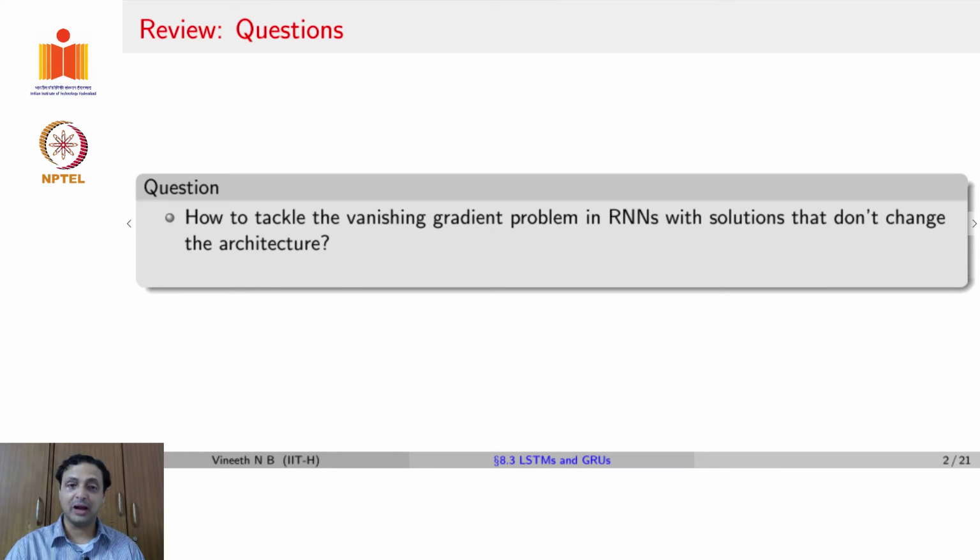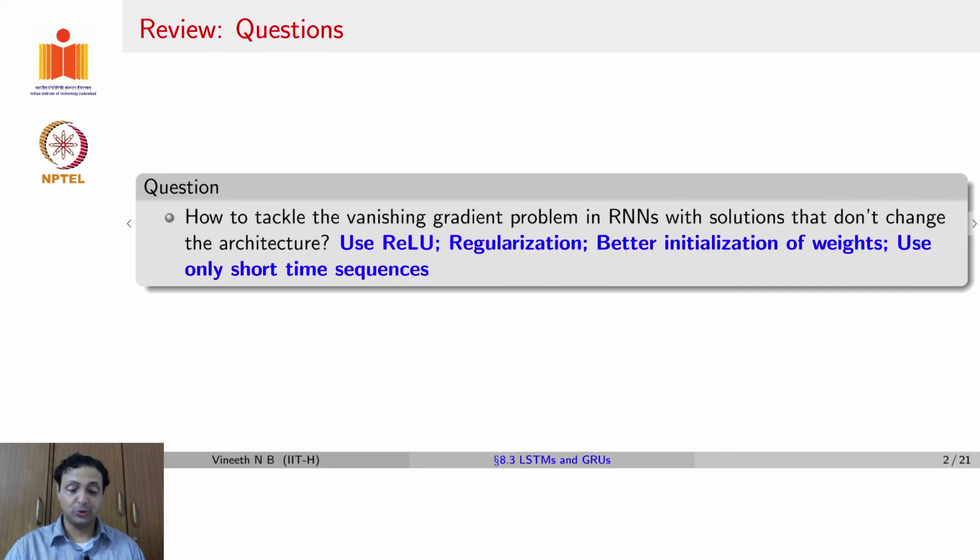One question that we left behind was, how do you tackle the vanishing gradient problem in RNNs without changing the architecture? You could do a few things. You could use ReLU instead of tanh and sigmoid. Remember, ReLU does not vanish the gradient.